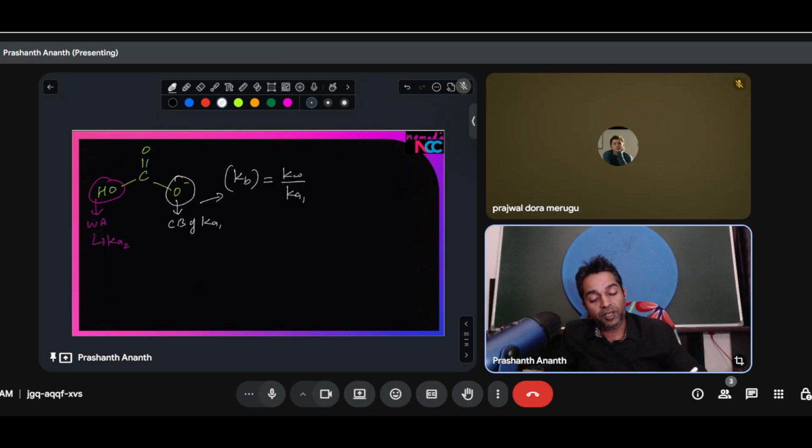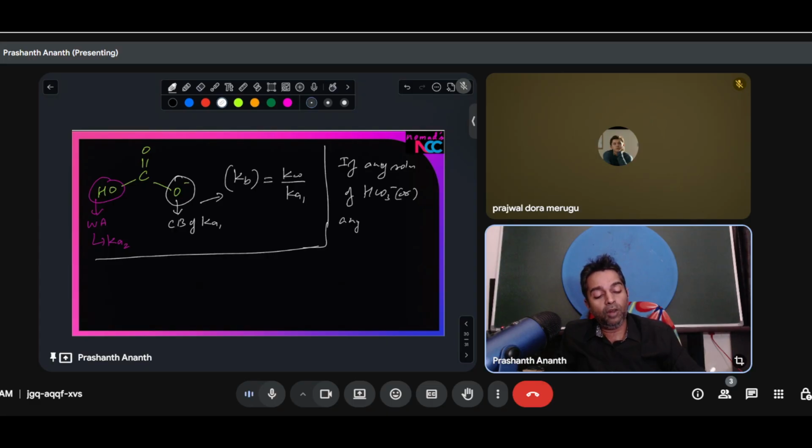Meaning, technically speaking, if I have any solution of HCO3-, or any middle salt is taken, for all middle salts this will work over here. We will be basically looking at those a little later. So if I am taking any solution of HCO3- over here, we will be having that solution of HCO3-.